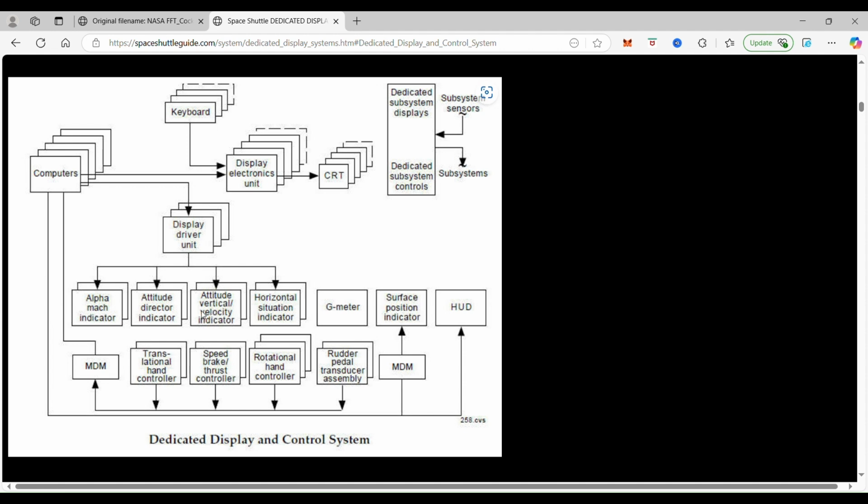That information also goes into the HUD here, although we don't see a line that goes into it. But the HUD also has that vertical speed, vertical velocity, and also vertical acceleration. So this in the schematic is where that instrument lives.